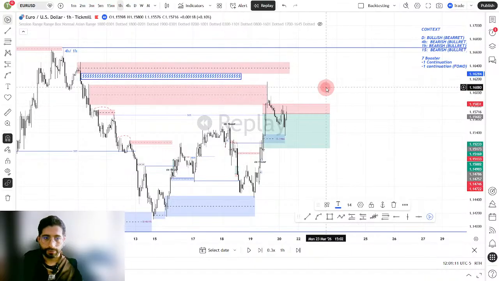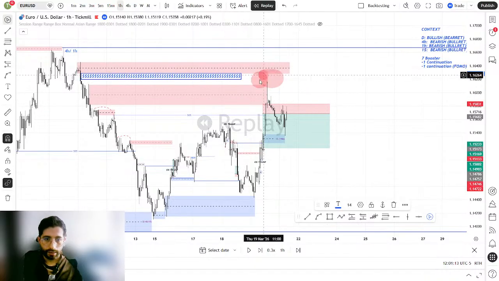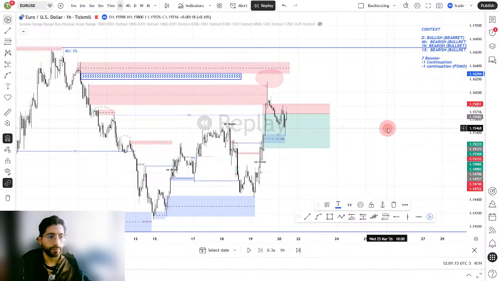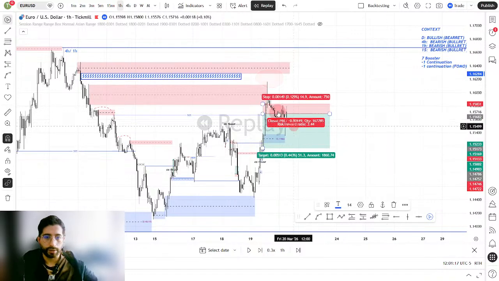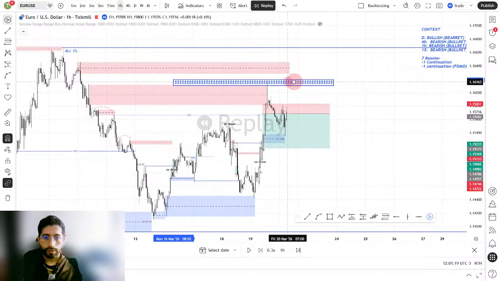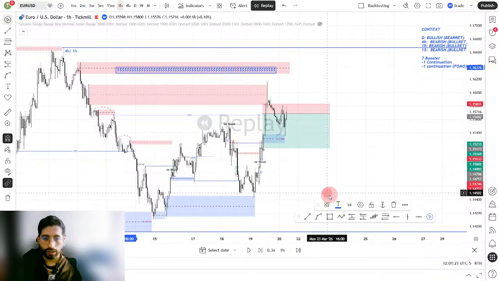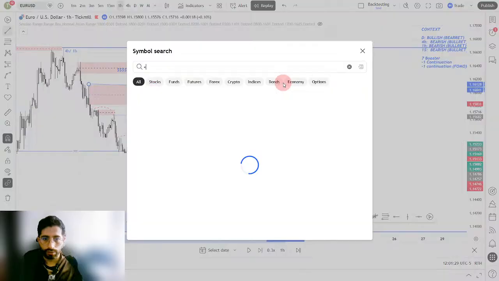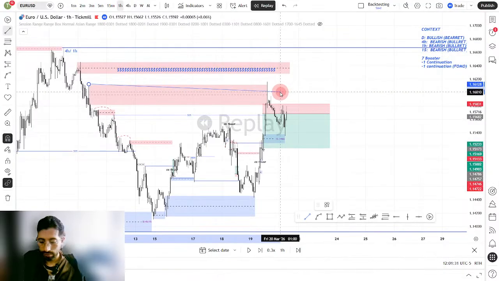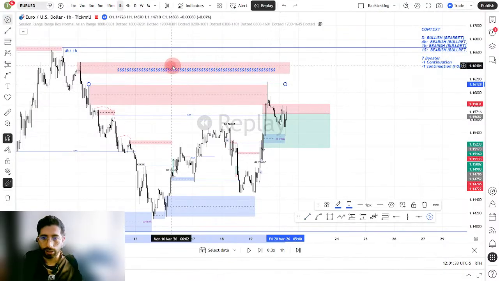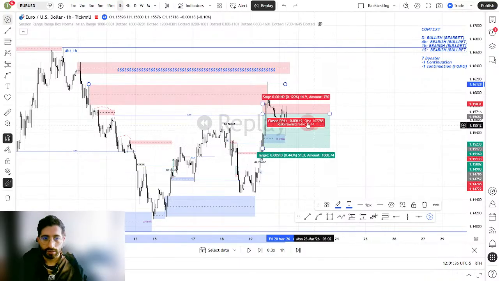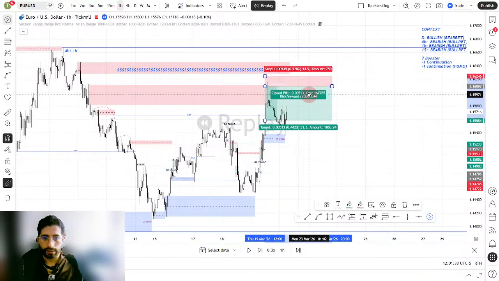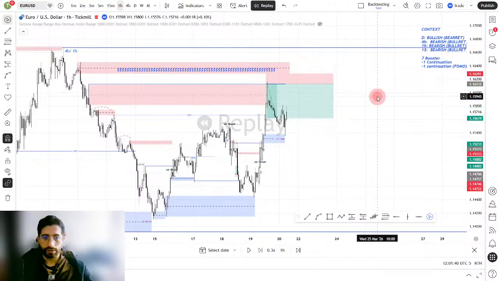So what happens? This high becomes liquidity, right? People are watching this top here, this high here, and this one here as a double top signal. So now what are people doing? Selling. They're selling here.